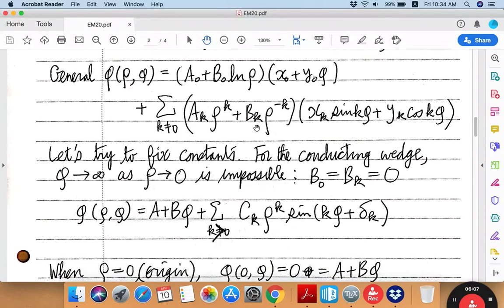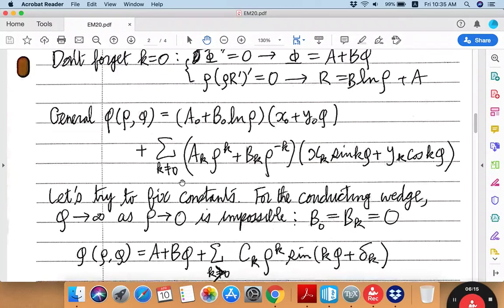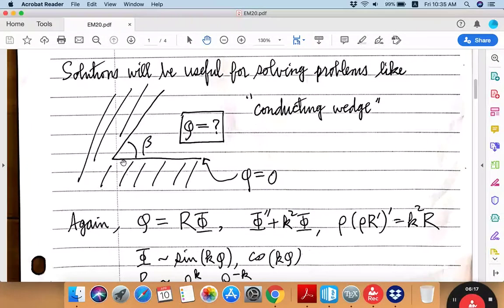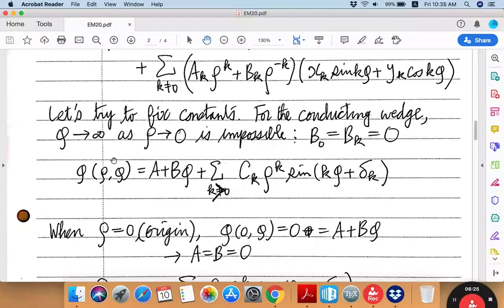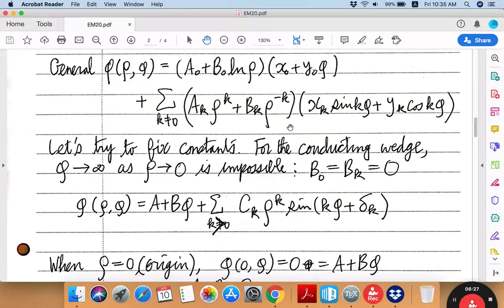So first of all, this b of k is not acceptable because as you go near the origin, by origin I mean the center or the belly of the wedge, rho to the minus k, this sort of solution will predict that the potential diverges.